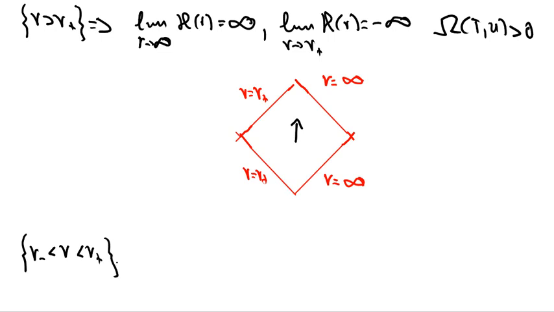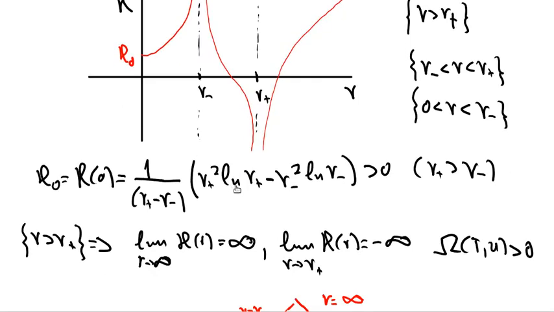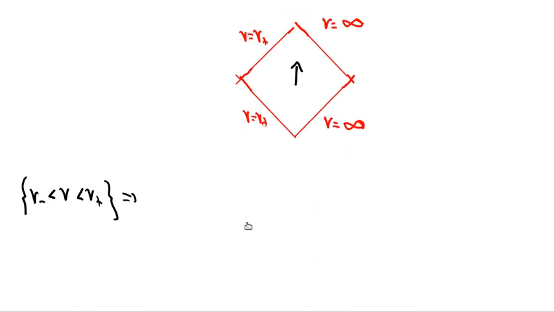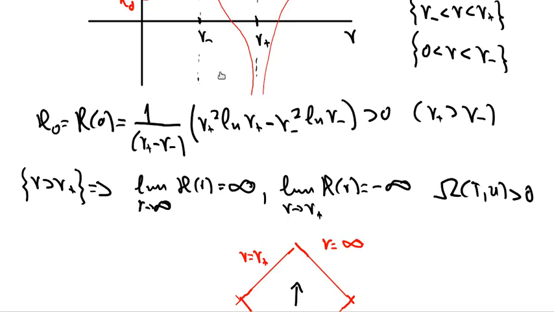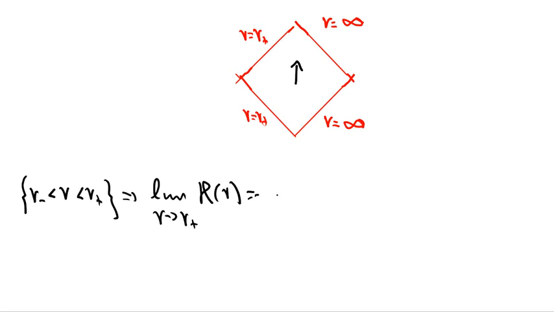Now just look at the graph and we can compute the limits. We have the following result. This is minus infinity, then plus infinity.